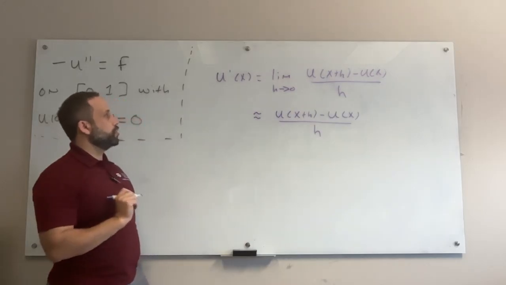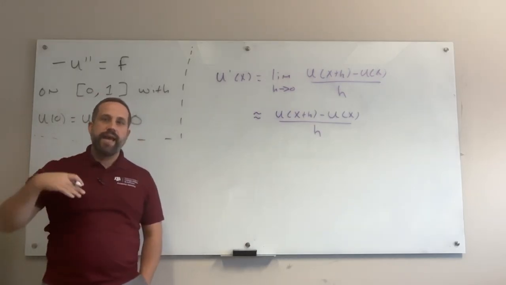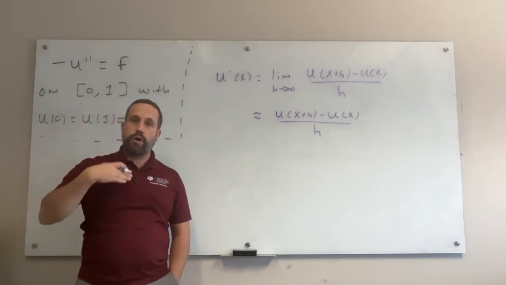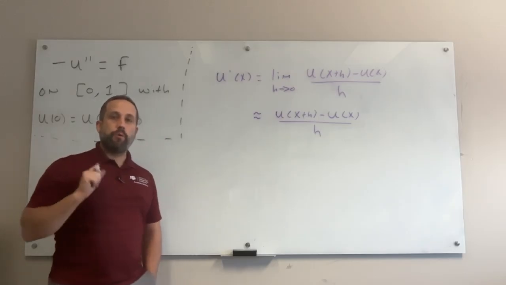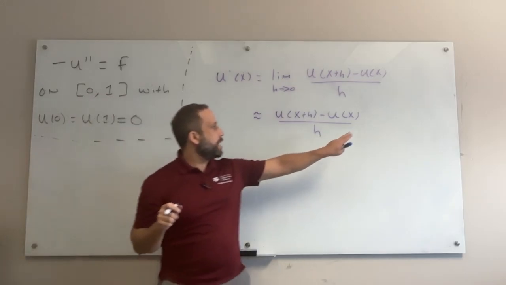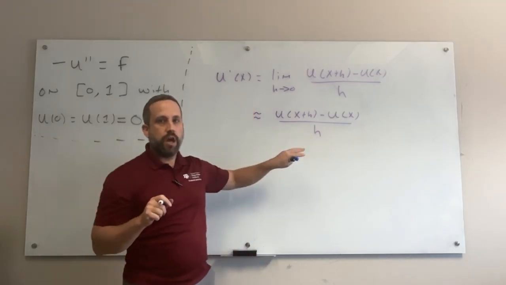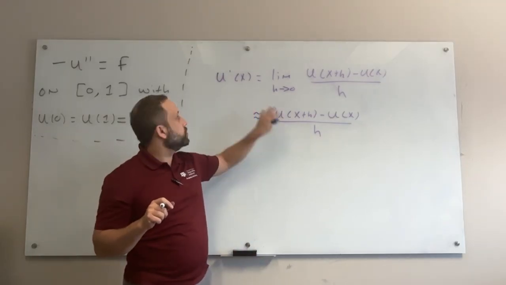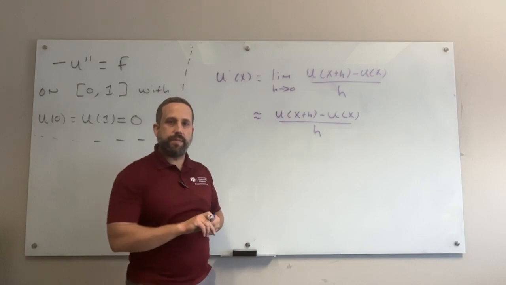If h is small, u prime of x is roughly equal to that. And that's basically going to be what derives this approximation. But we're going to do things a little more quantitatively in the sense that I want to be able to understand what the error is. What is the difference between u prime of x and this estimation here?